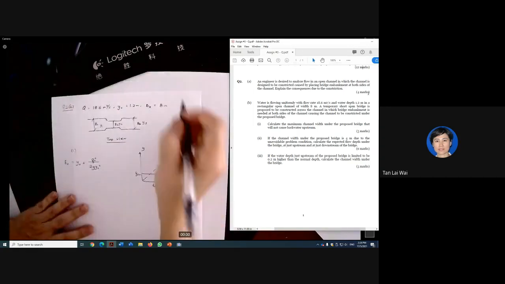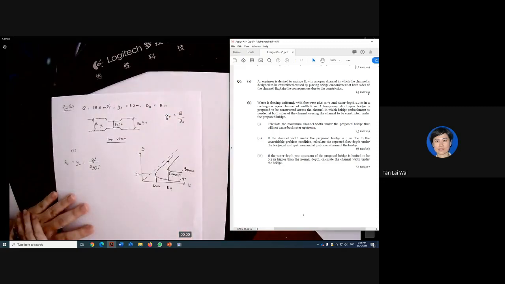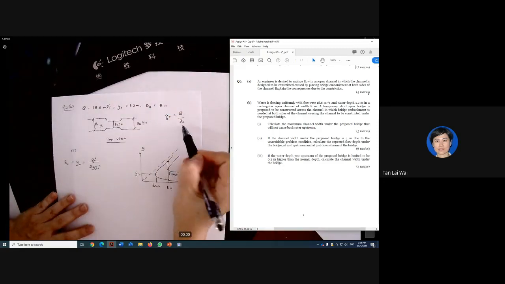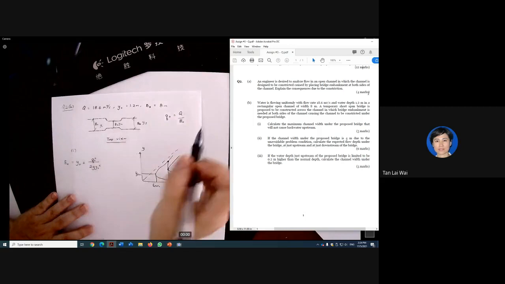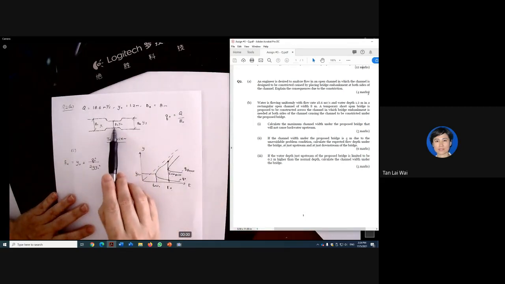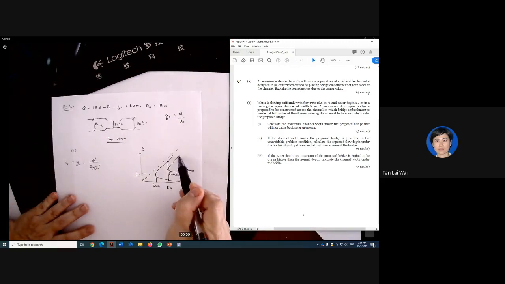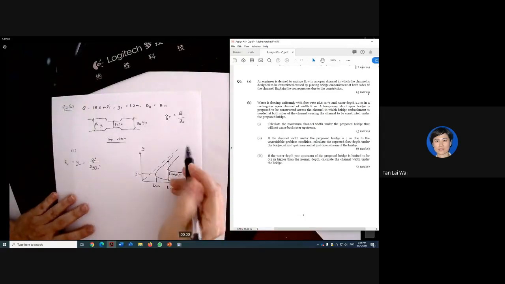My Q naught is actually Q divided by V naught. Q is constant, but B changed here. That means B2 is not equal to B naught. That means it has its own Q. When you want to read Y at Y2, it should fall on this curve, but Y1 and Y3 fall on this curve here.